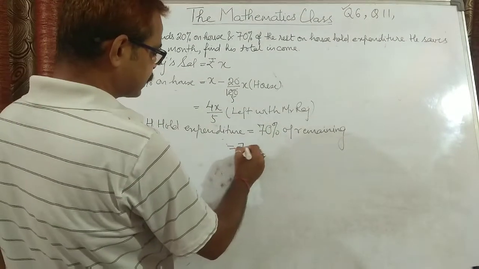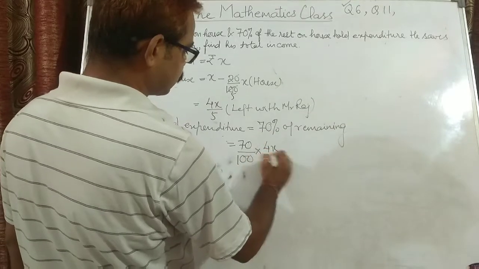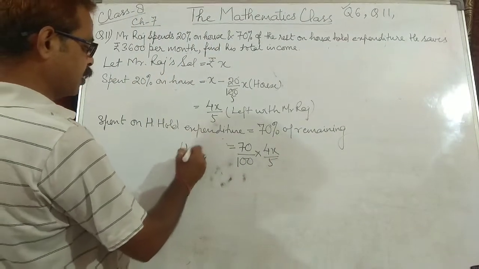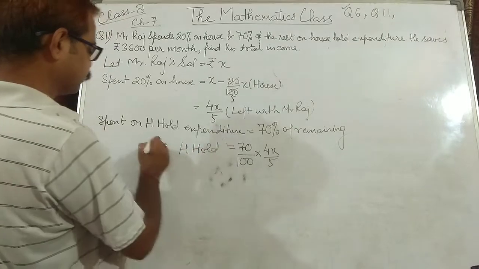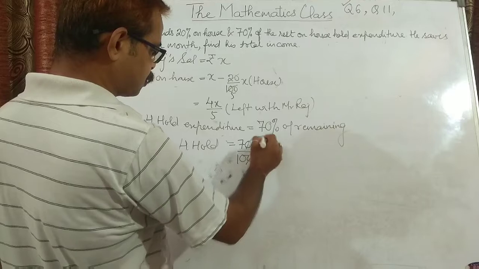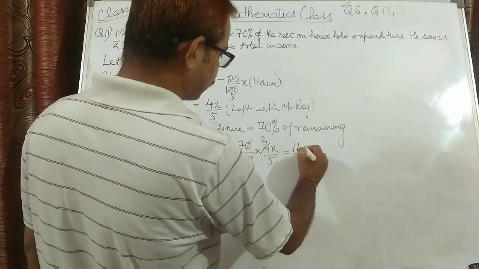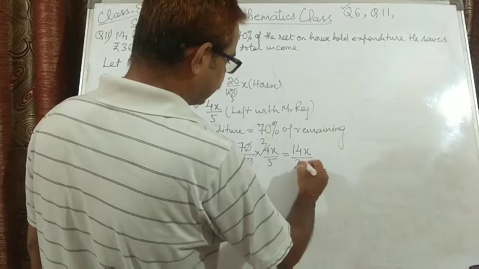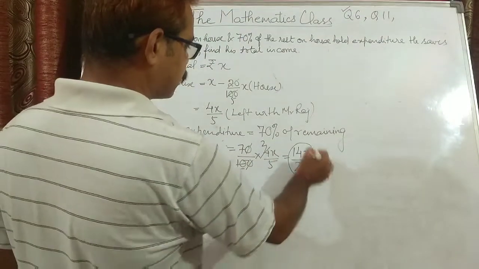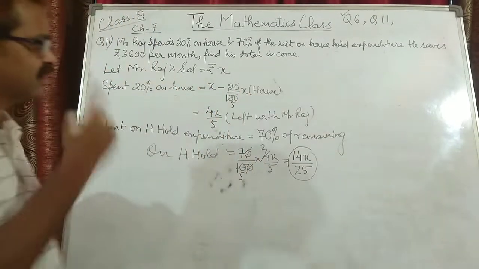It means 70% of 4x upon 5 is spent on household. So 0 and 0 cancel. 2 2s are 4, 2 5s are 10. You got 7 2s are 14x upon 25. This is spent on household, whereas x upon 5 was spent on house.